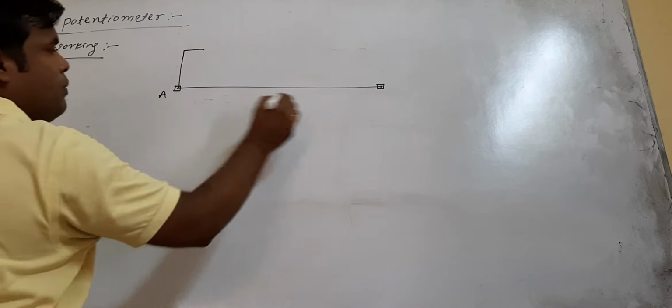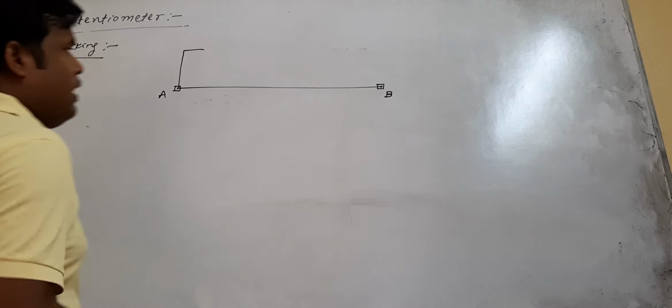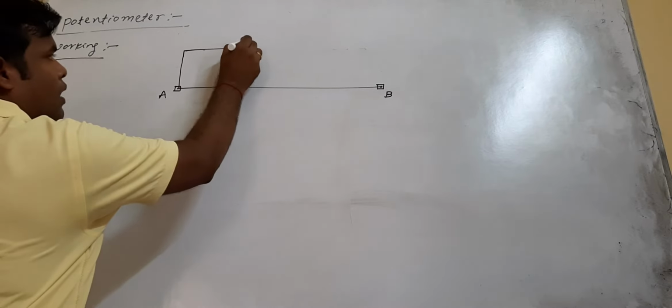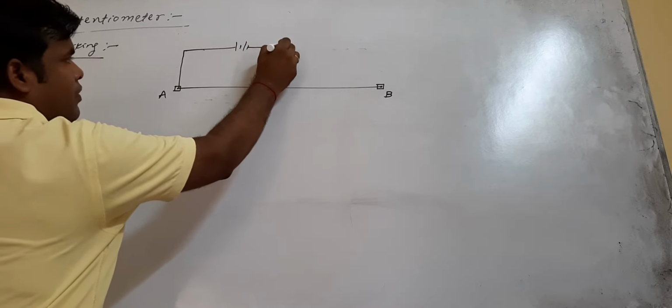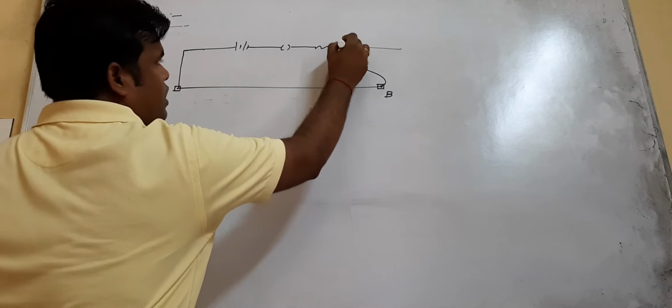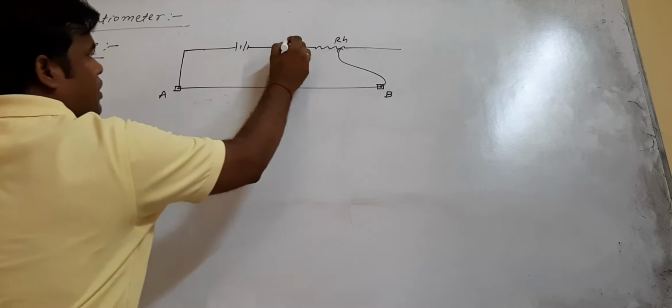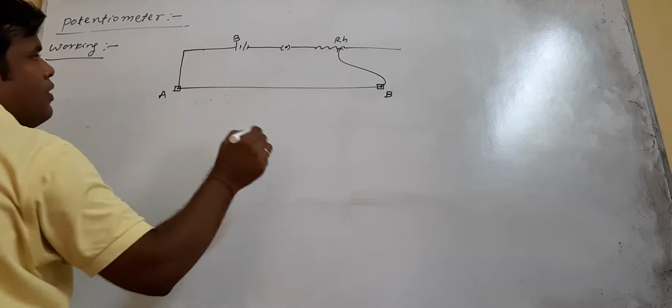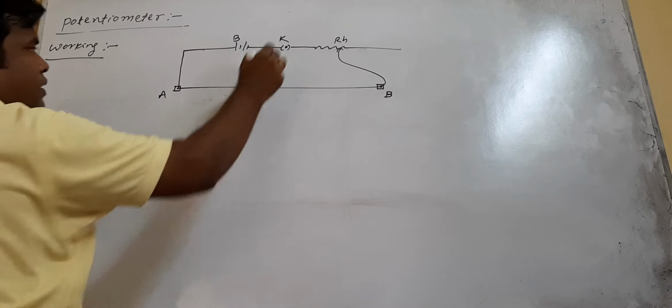Across this potentiometer wire, you have a battery and a rheostat. It is a key.